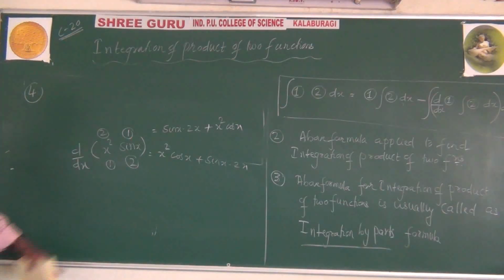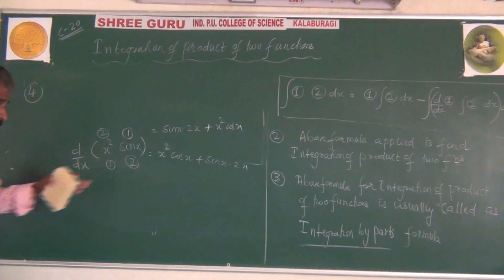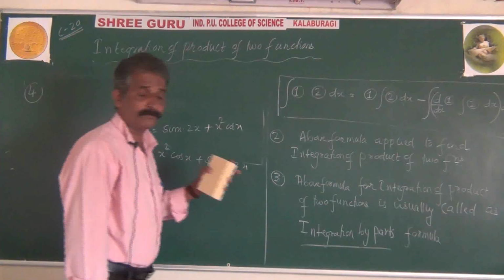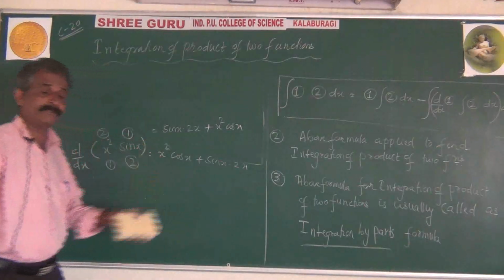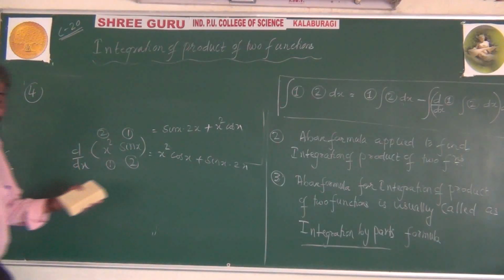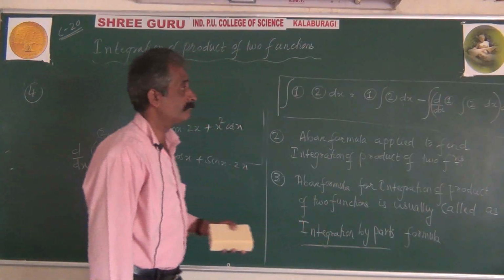You observe, these results are the same or different? Same. So what it says is that while applying the product rule of differentiation, out of two, anything can be first function, anything can be second function. That does not make any difference for the outcoming result.